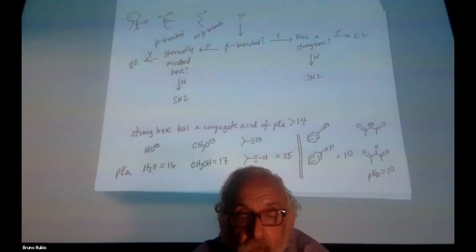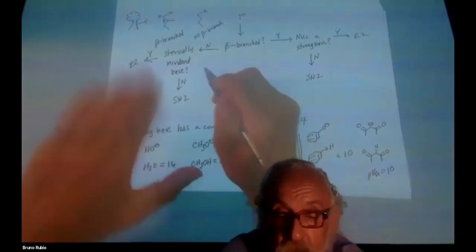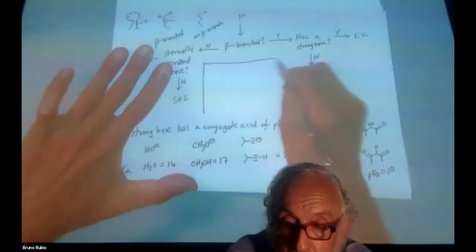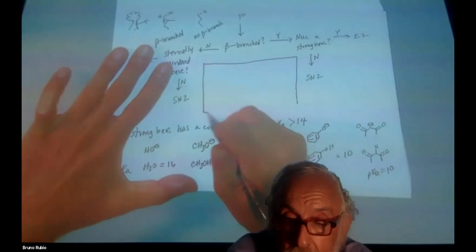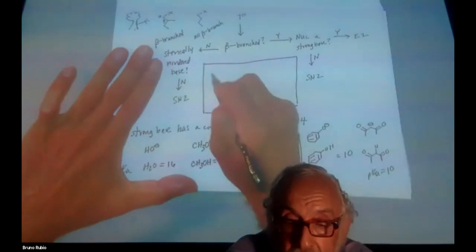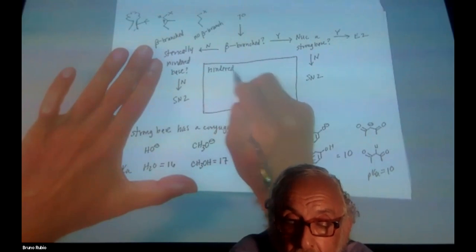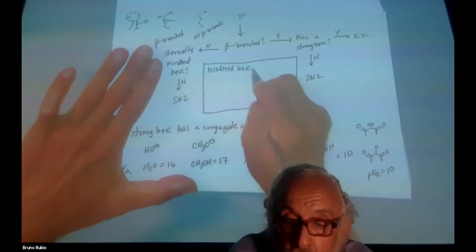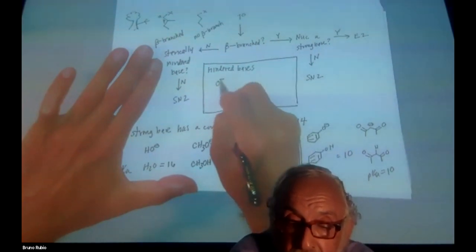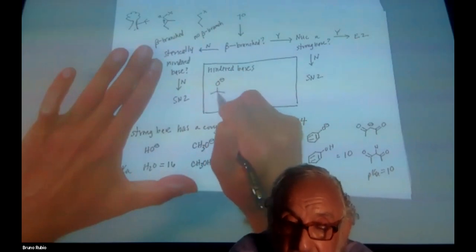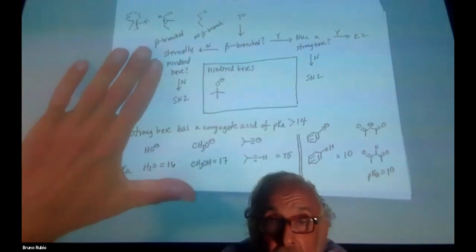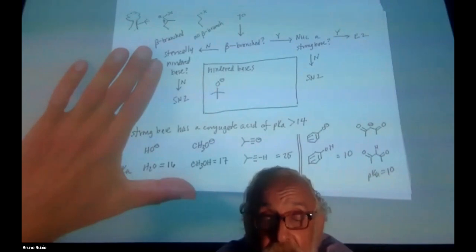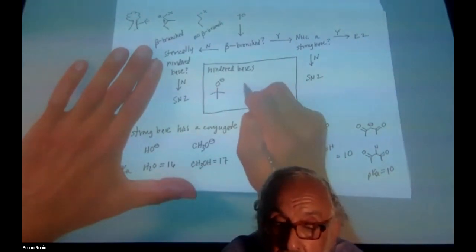Okay, and so we talked about what is and what is not a sterically hindered base, right? And so I'm just going to put that in this little box down in here, right? The hindered bases. There are others besides the ones that I'm going to list here, but these and bases like these are considered sterically hindered. That tertiary butoxide is sterically hindered.